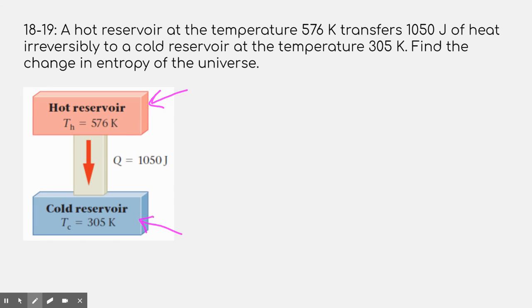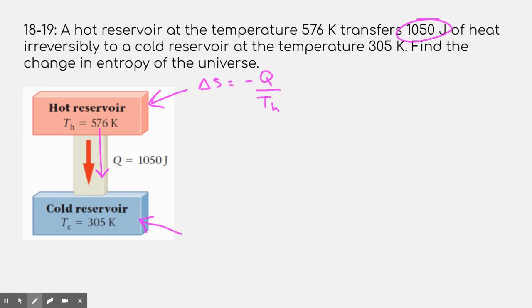So for the hot reservoir, we're going to have delta S equal to negative Q divided by TH. Now, why did I put a negative sign in front of Q over TH? That's because heat is being given off by the hot reservoir. It's being given to the cold reservoir. So we are losing heat, which means that this is a negative Q. Let's plug in what we know.